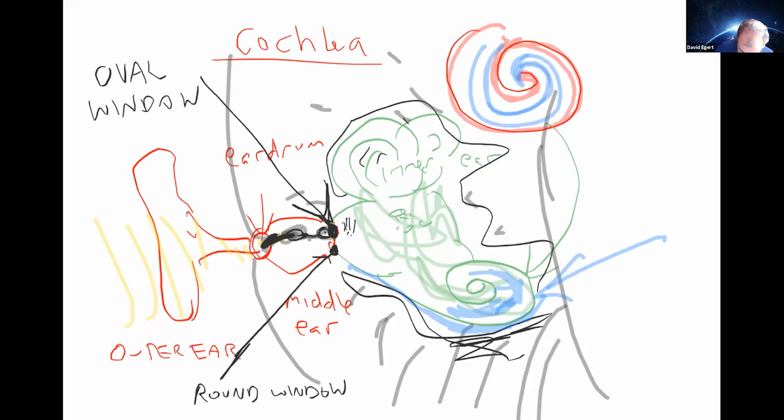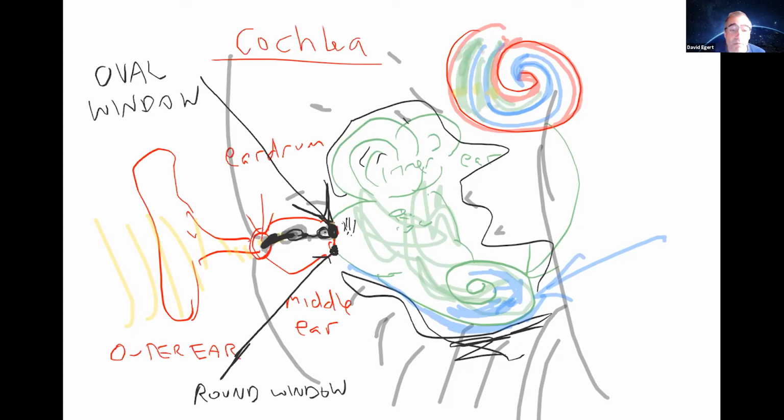It actually creates 3 tunnels. There's this tunnel from the bone to the membrane, the tunnel inside the membrane, and then the tunnel on the other side of the membrane to the bone again. What we're going to see are the vestibular duct, the tympanic duct, and the cochlear duct.